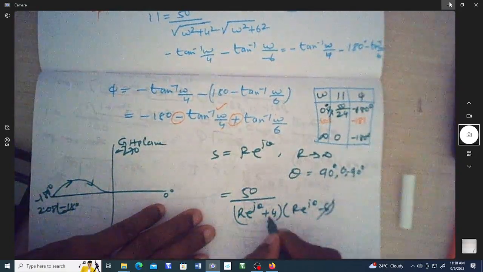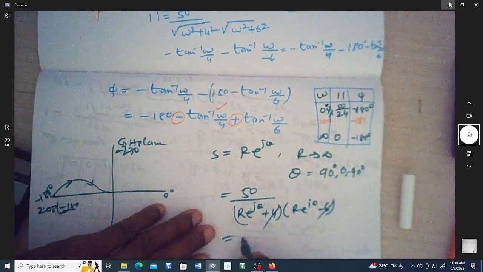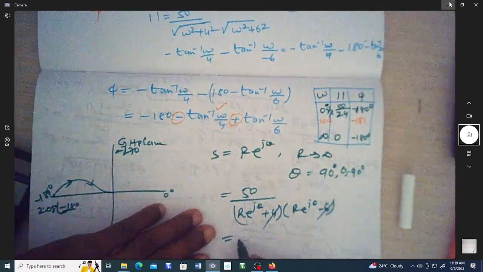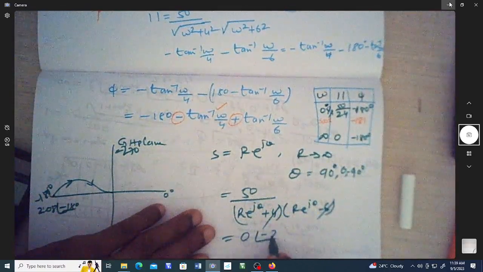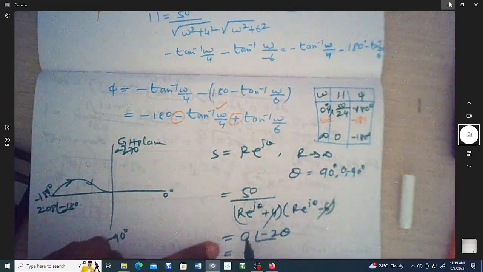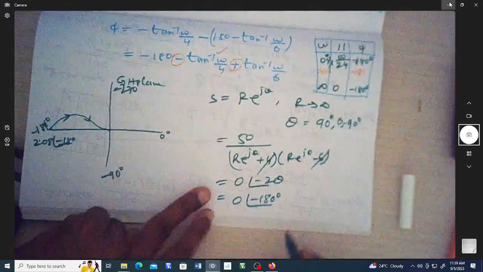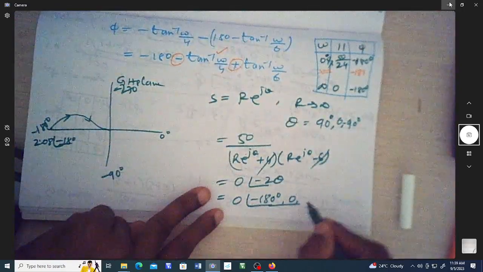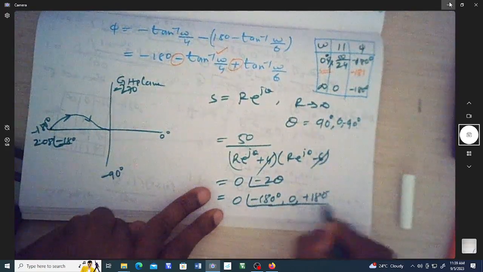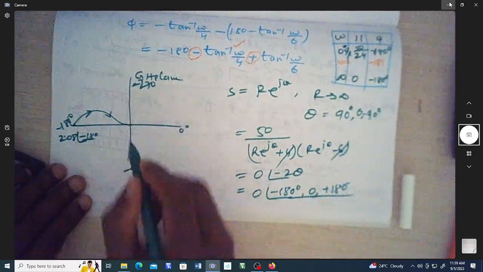Of course this and this are negligible compared to r e power j theta, so with r tending to infinity, this will become 0 at an angle minus 2 theta. Since theta is varying from 90 so on, this will become 0 at an angle minus 180 degree through 0 and plus 180 degree. Whatever the angle, since the magnitude is 0, it's a point.